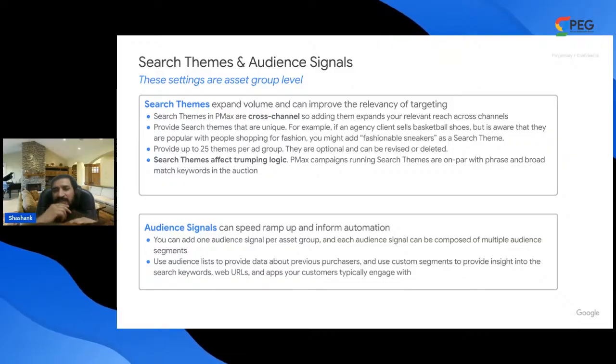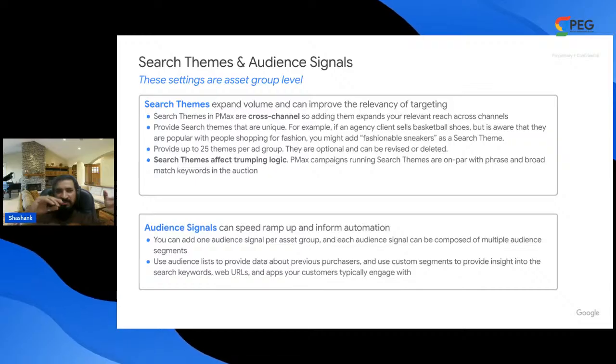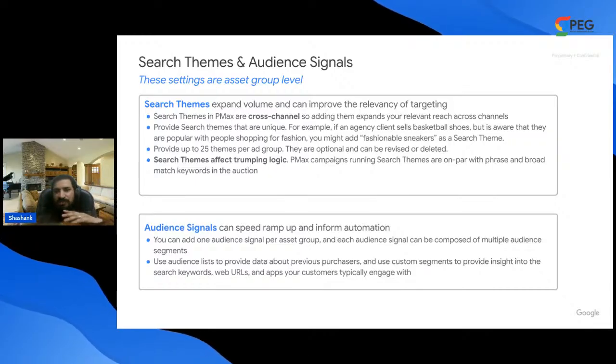It tries to expand on the volume, because say you're using a search campaign, you're selling leather shoes, and you have a keyword leather shoes. So the system will broaden your search. It will try to target leather shoes. So you're targeting New Jersey as a geography. So leather shoes New Jersey, or best leather shoes online. So it will start showing your ads for all those searches.